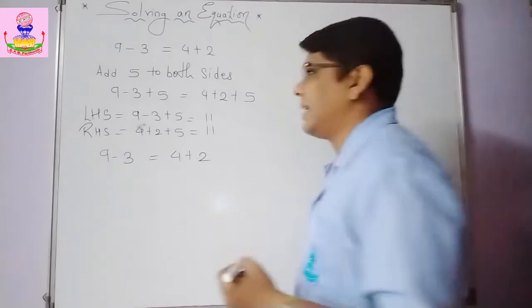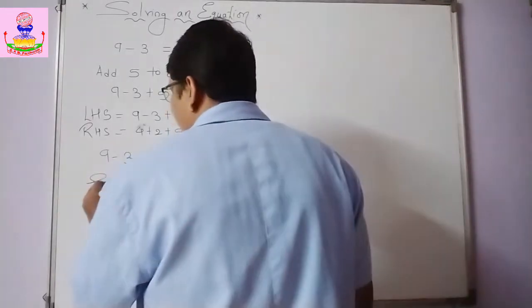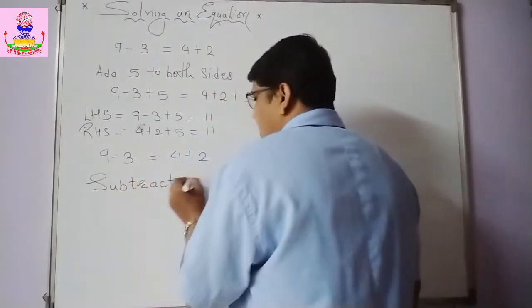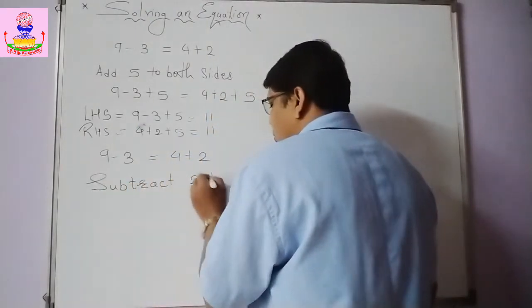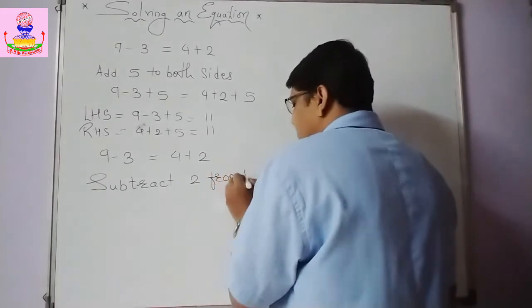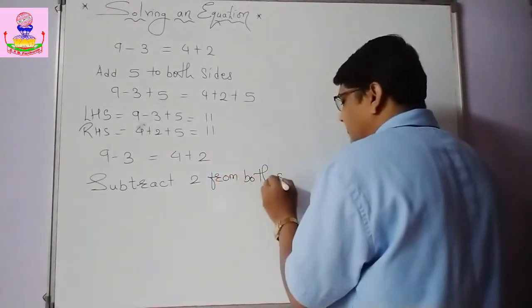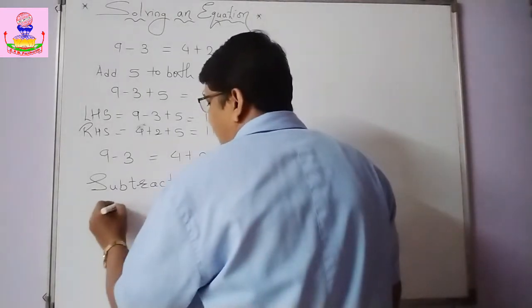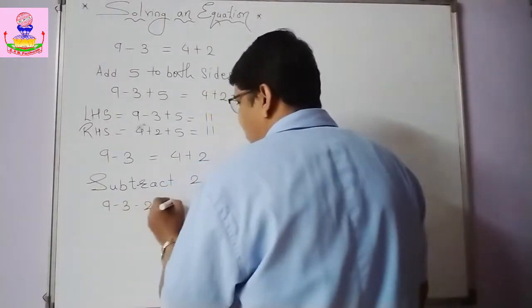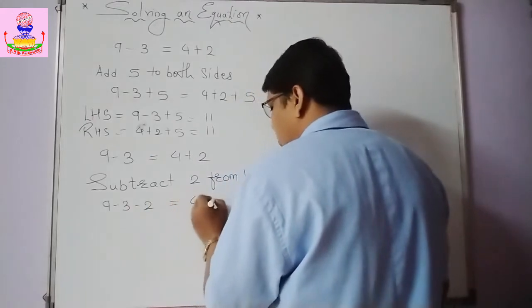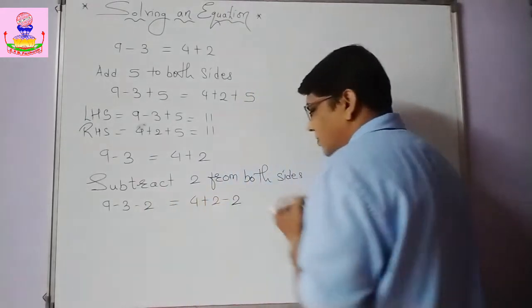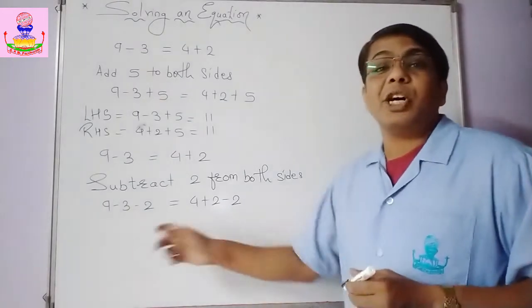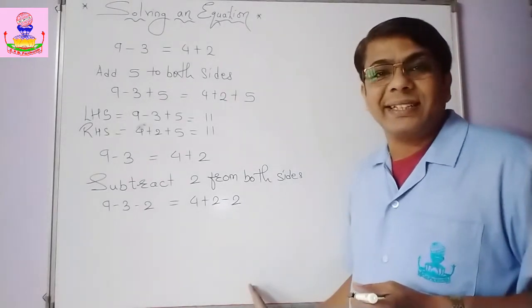I'll subtract 2 from both sides. So 9 minus 3 minus 2 is equal to 4 plus 2 minus 2. From both sides I am subtracting.